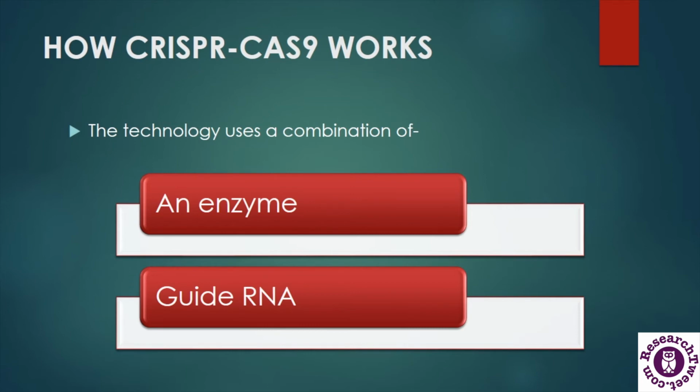That's why the guide RNA is named guide RNA, because it recognizes the specific sites in the genome, and at this specific site the enzyme acts as a molecular scissor and cuts the specific nucleotide sequence in the DNA, and after that the genome can be edited or a required gene inserted instead of this gene.